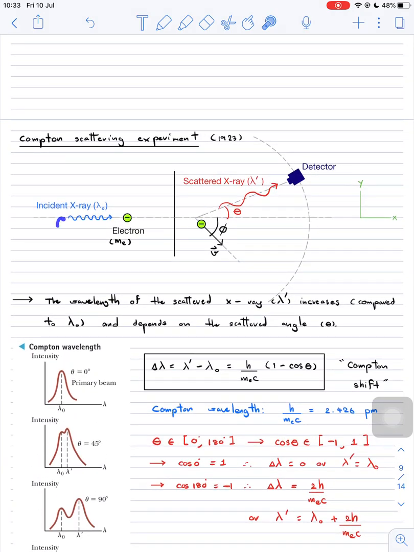So when we shine the X-ray onto the electron, it's going to scatter to this angle, because this is 90 degrees and this is 20 degrees, so this combines to be 110 degrees.